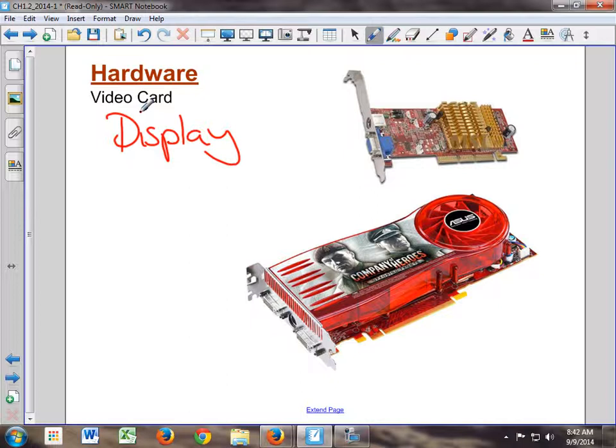In a PC, almost all the PCs we have have integrated video cards, meaning they're part of the motherboard, and all these things right here are part of the motherboard. The integrated video card is a poopy video card. It's great for doing Office. It's great for working on an image or something, but it's not great for watching movies sometimes. It's pretty bad.